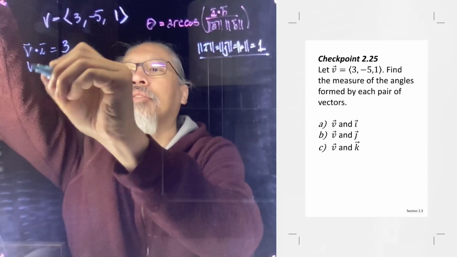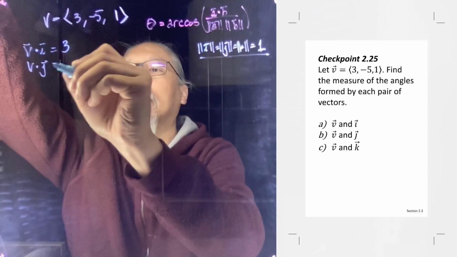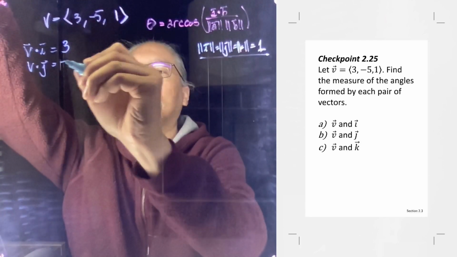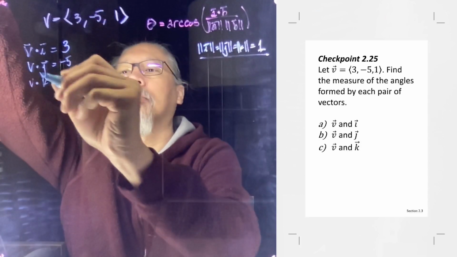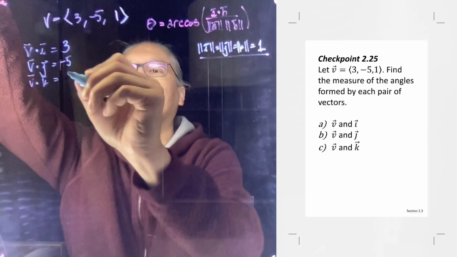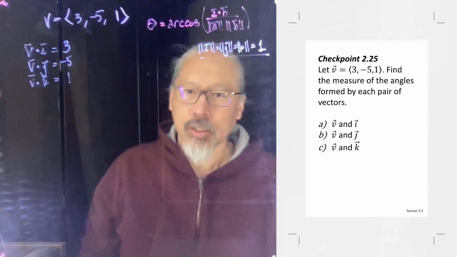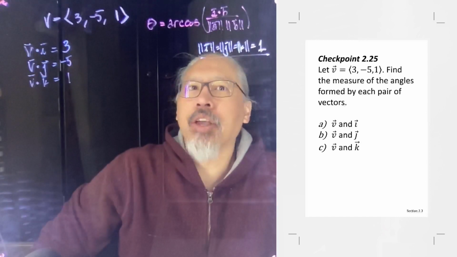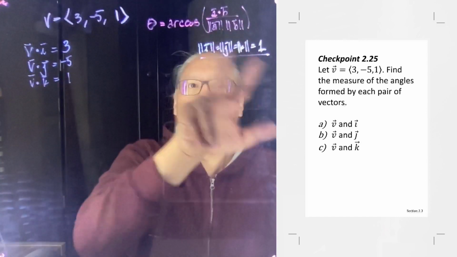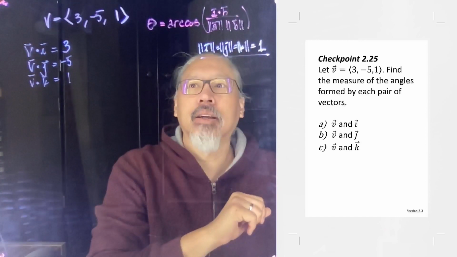And then v dotted with j is going to give you the middle term, the y term, and v dotted with k is going to give you the last term.